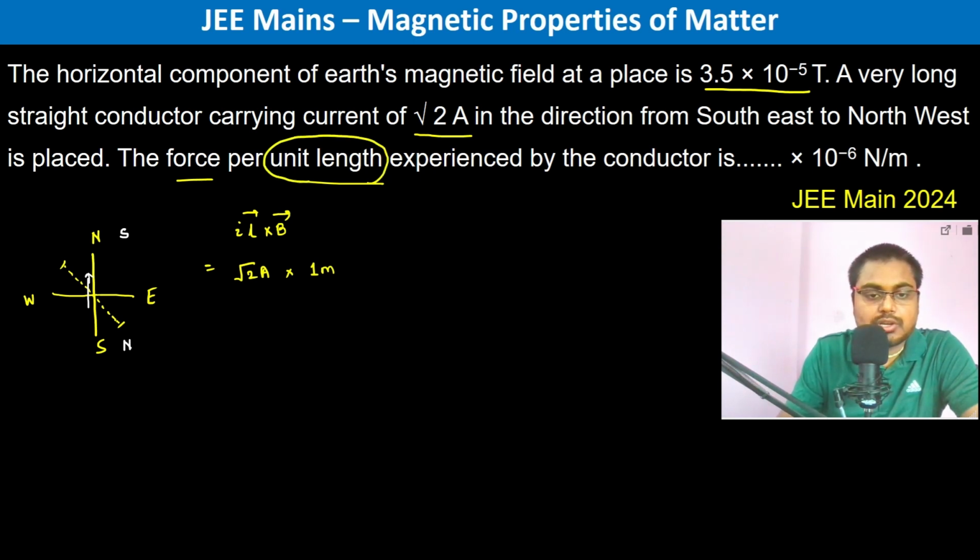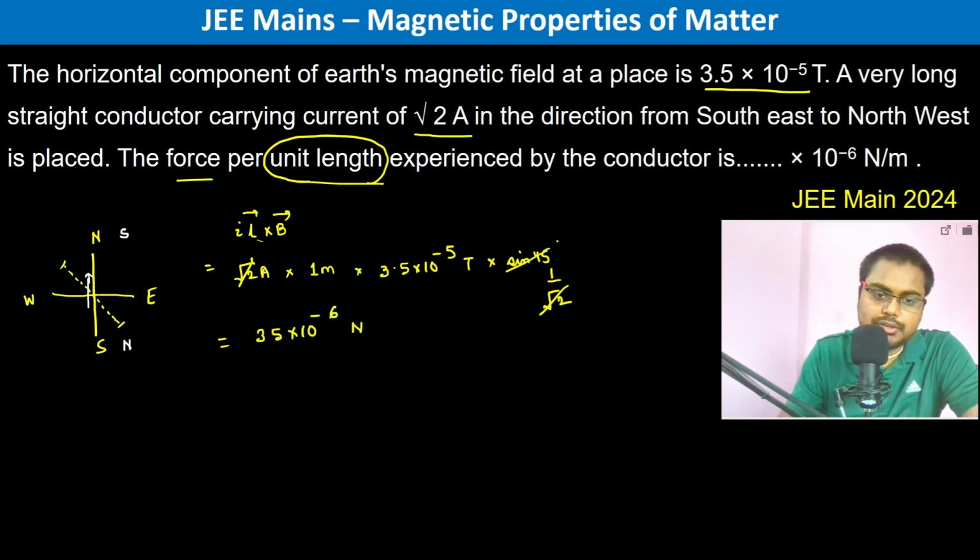Cross B is 3.5 into 10 to the power minus 5 Tesla, and because it is cross, it's going to be equal to sine 45 degree, which is actually 1 by root 2. So the root 2 is gone, so this becomes 35 into 10 to the power minus 6 newtons.